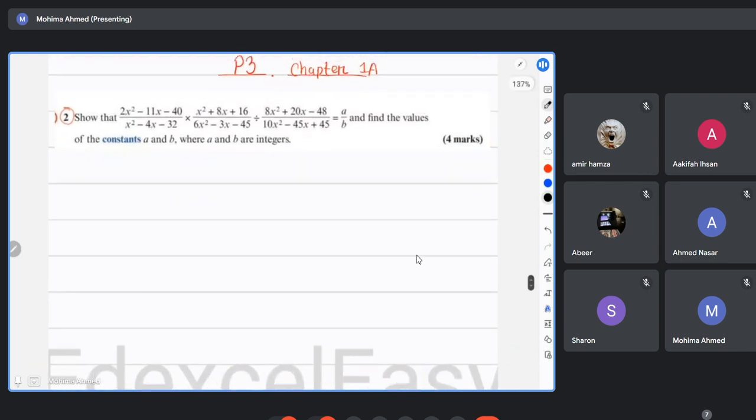Okay, now over here, they have provided three fractions, right? As you can see, this is fraction 1, this is fraction 2, this is fraction 3. Fractions 1 and 2 are multiplied, and fractions 2 and 3 are divided. At the end, you have to simplify all of these and write it as a single fraction.